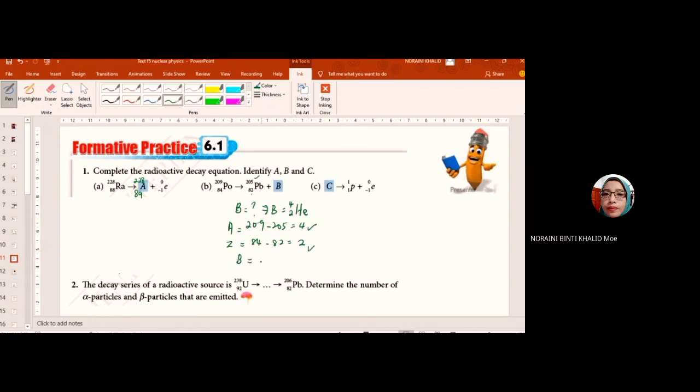Thus, B is alpha. And then C. What is the nucleon number for C? It equals 1 plus 0 equals 1. Proton number equals 1 minus 1, which is 0. Thus, C is a neutron, with nucleon number 1 and proton number 0.